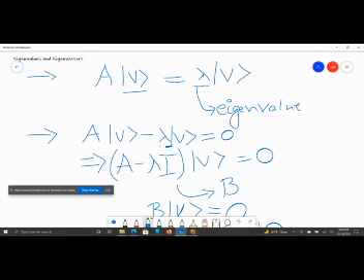So let's take an operator A and apply it to this vector V. The important thing about this vector V is that it's specially related to A, in that when you apply A to V, we have this vector here, and let's assume this represents V. What A does is it simply scales it.